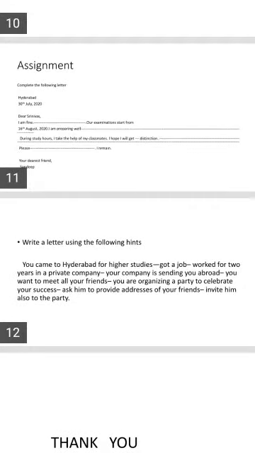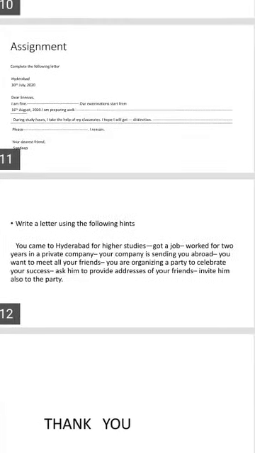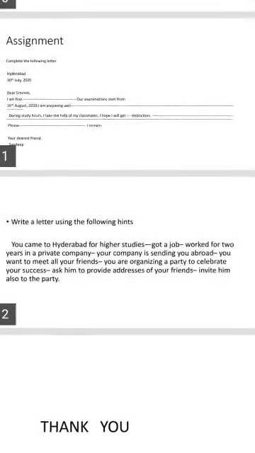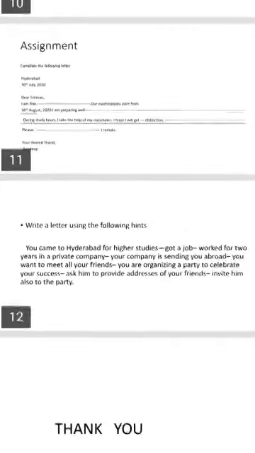Please convey my best wishes, and my respects and regards, to your father and mother. I remain your dearest friend, Sandhi. So in this way we have completed the blanks here. There is one more activity.